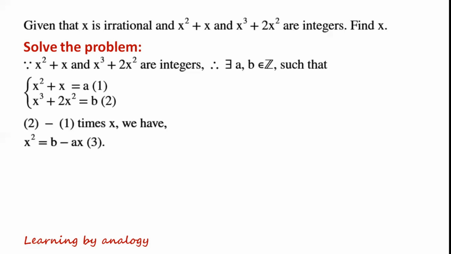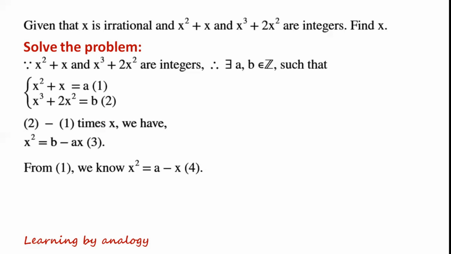Equation 2 minus equation 1 times x: we have x squared equals b minus ax (equation 3).